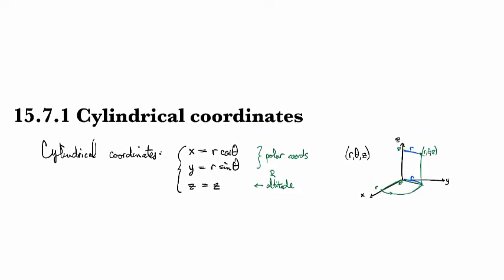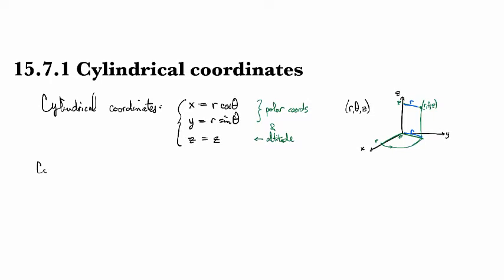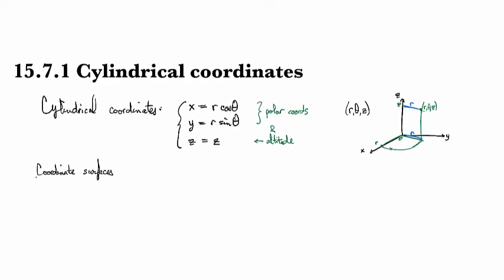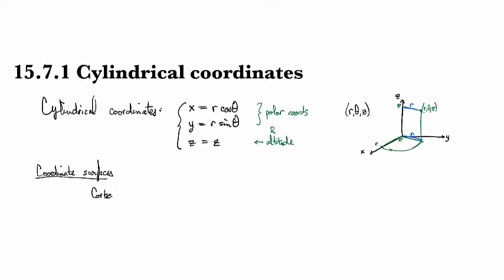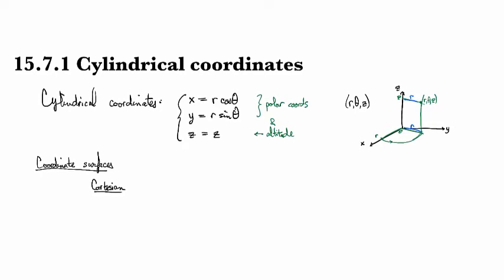Okay. So when we look at Cartesian coordinates, we have the basic coordinate surfaces that you get by fixing the values of one of those coordinates, right? So if I fix the value of x, say I say what is x equal 2?